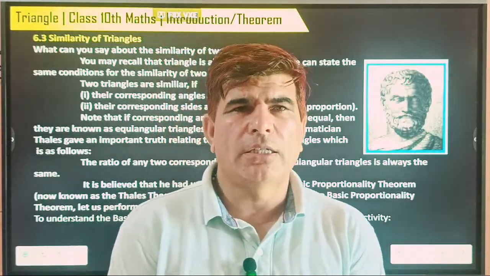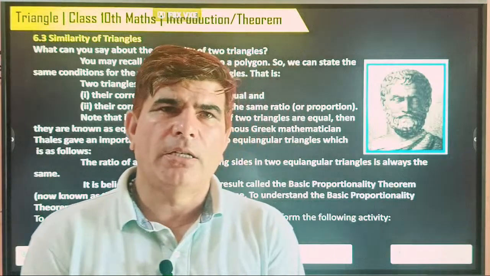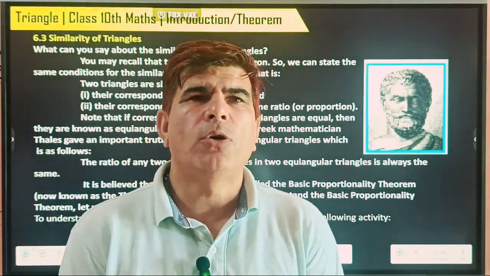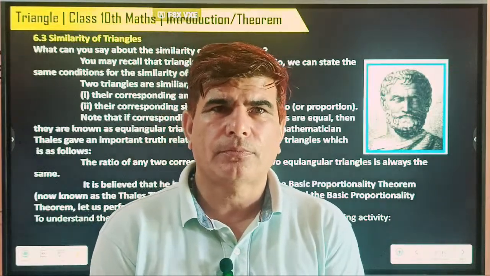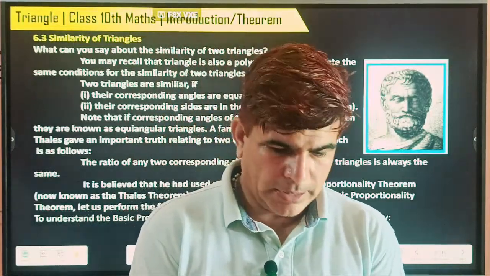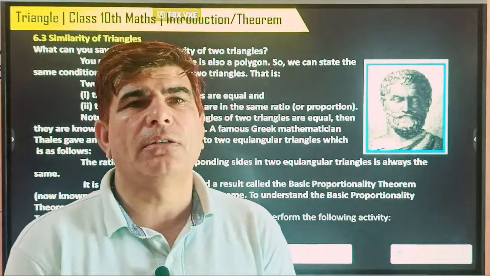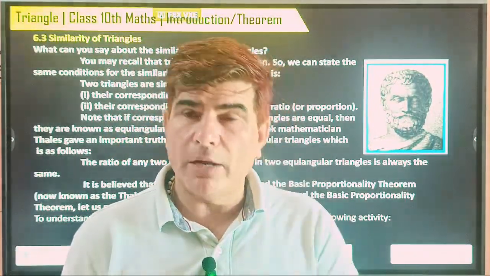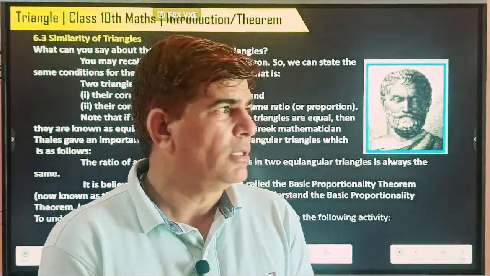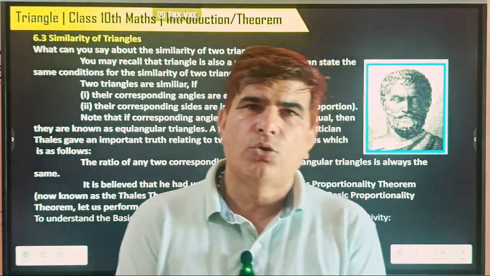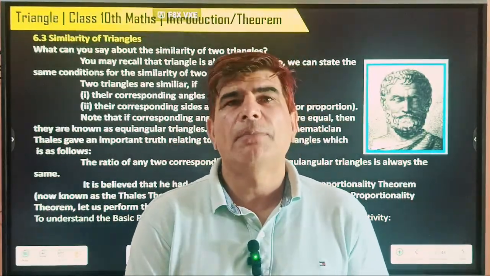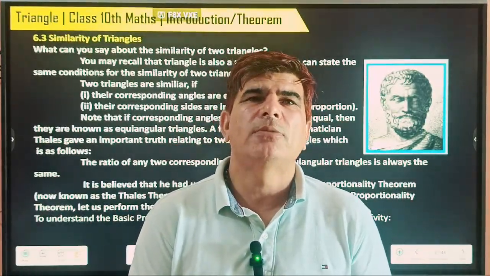And two figures are said to be similar if their shape is the same but size may or may not be the same. Yesterday I told you three definitions of similarity. The first definition is this: two figures are said to be similar if their shape is the same but size may be different.